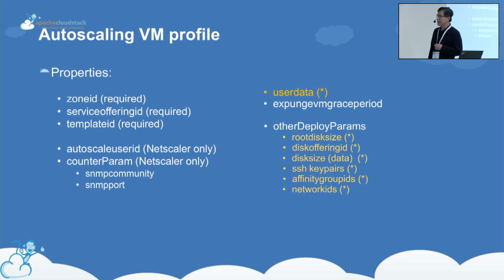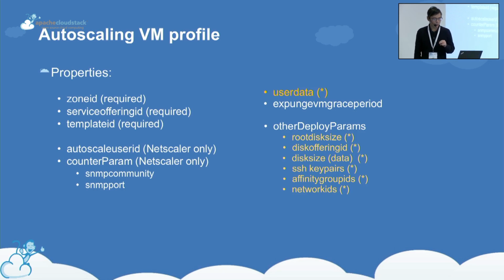User data, this is a new property in our feature. And the expunge VM grace period. So that's the grace period before we expunge VM. Last one is other deploy params. This property already exists for many years, but there's no parameter support in VM scaling, in AutoScaling.